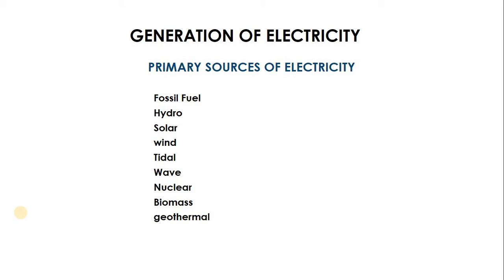Now, nuclear. The reason why I said there is a kind of controversy with nuclear energy is that the first school of thought is that, well, the major and most popular nuclear fuel that is used is uranium, and uranium is also mined.